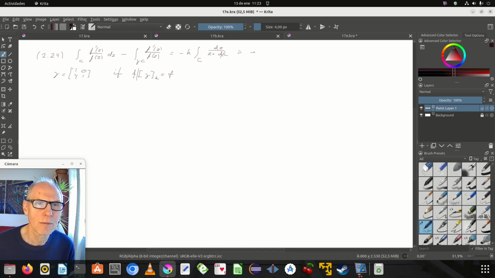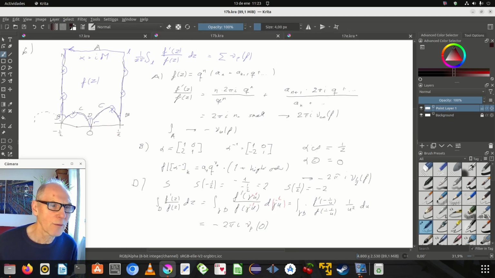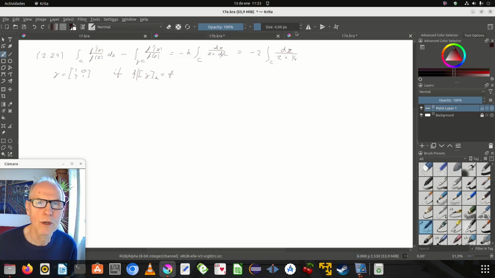K was -2. And it's +1/4. And we go here in a circle around -1/4 of radius 1/4.